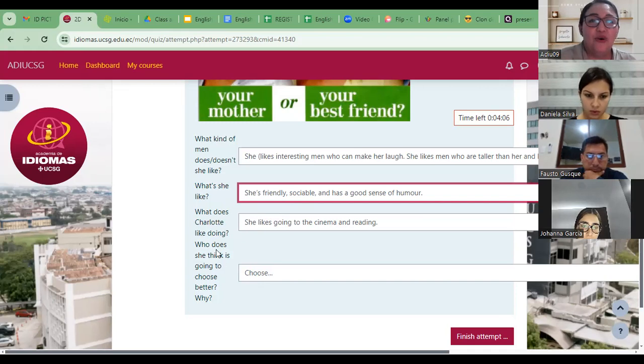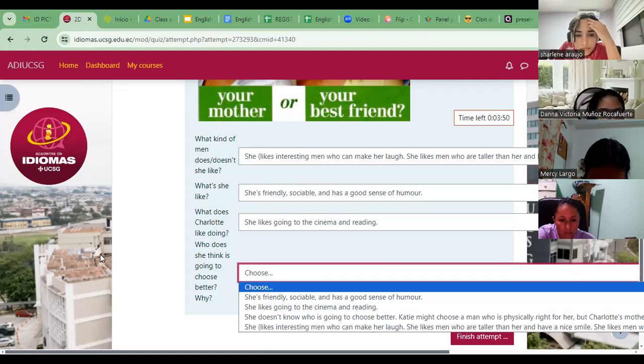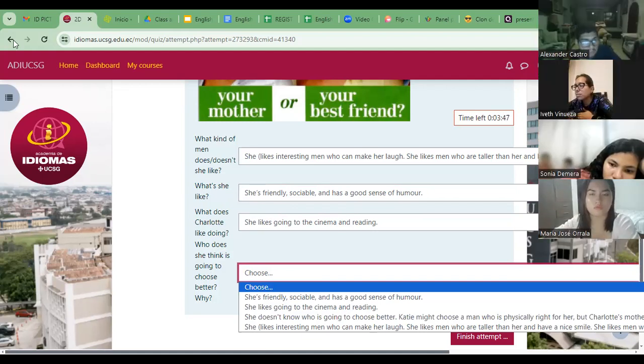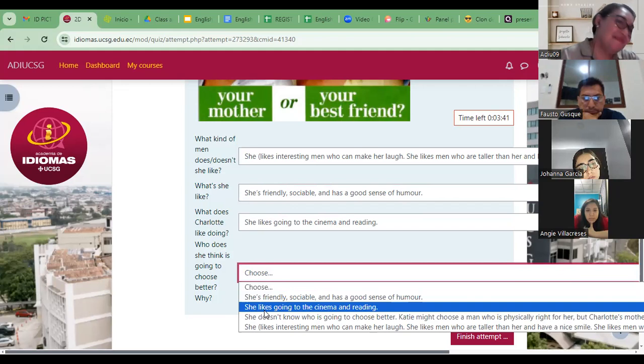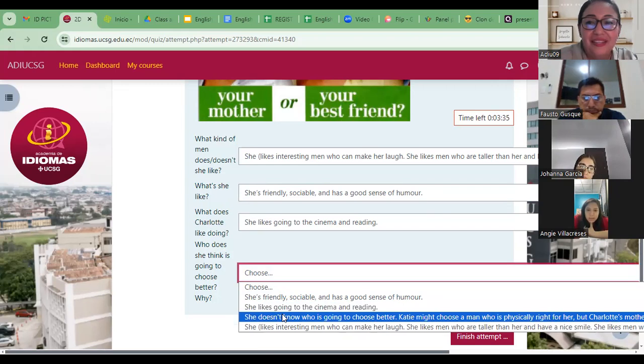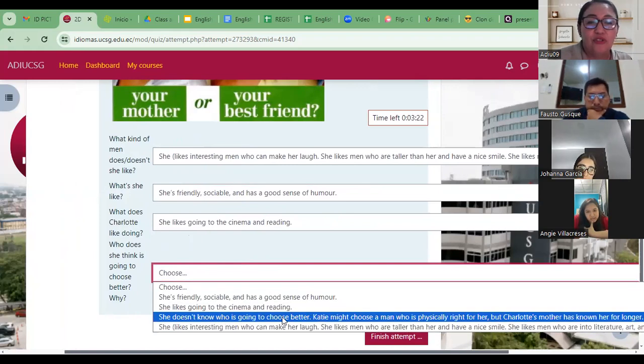And what about this? Who does she think is going to choose better and why? Anyone? She doesn't know who is going to choose better. She doesn't know, Katie, right? Let me see, because she doesn't know who's going to choose better.